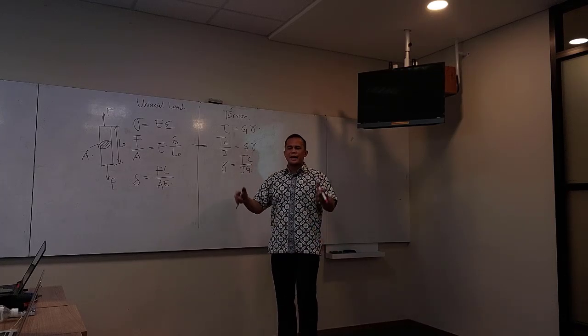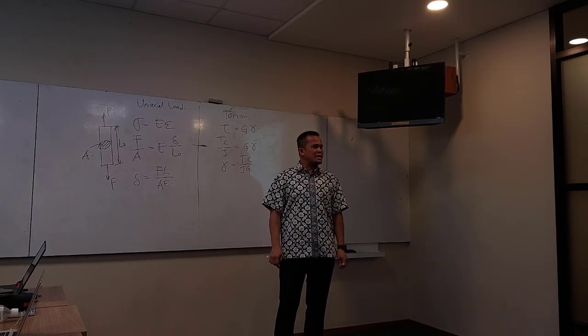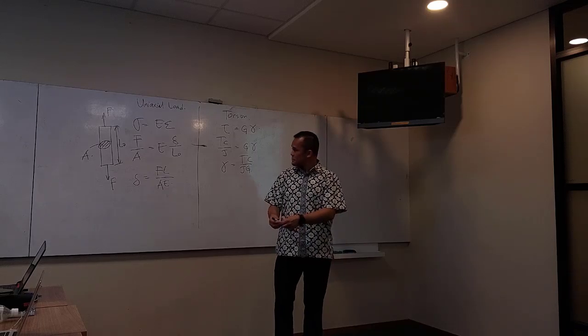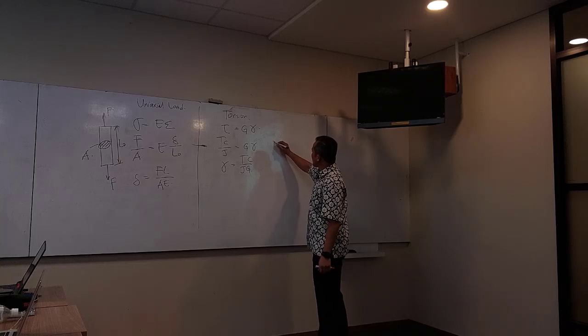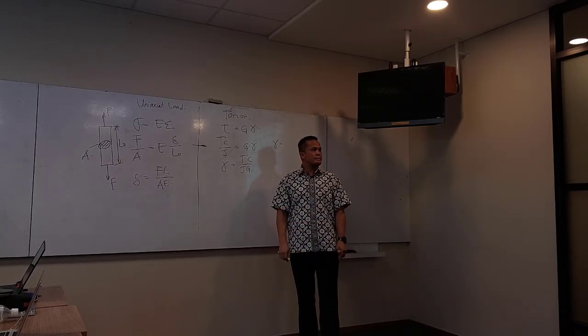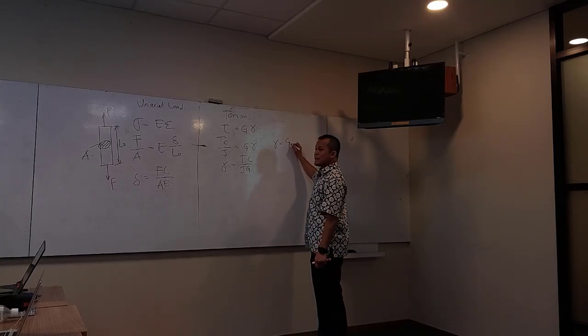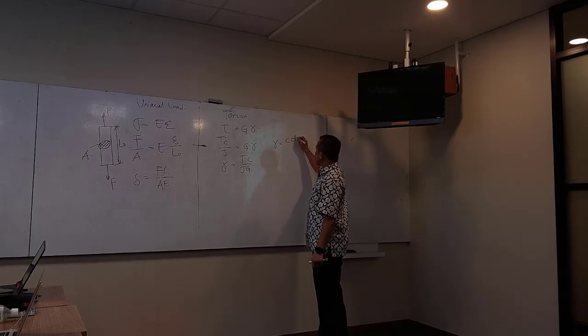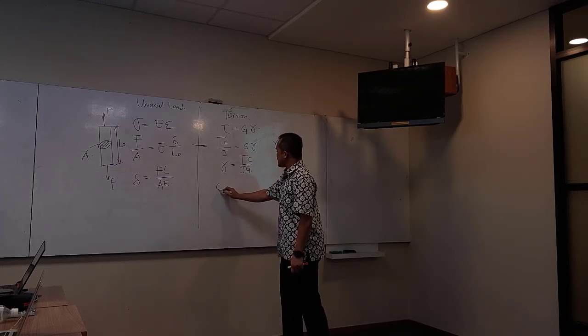But we would like to get the twisting angle. Then you need to find the formula of gamma, which is C phi over L.